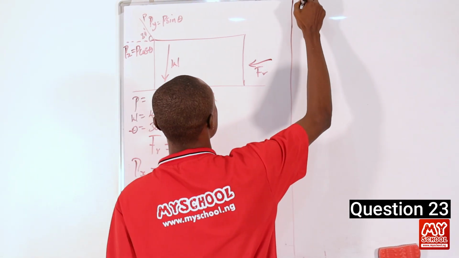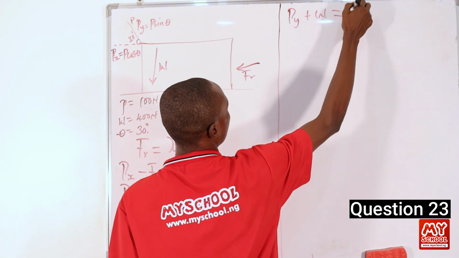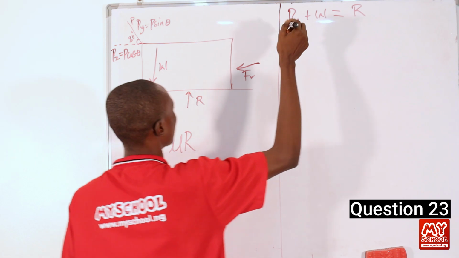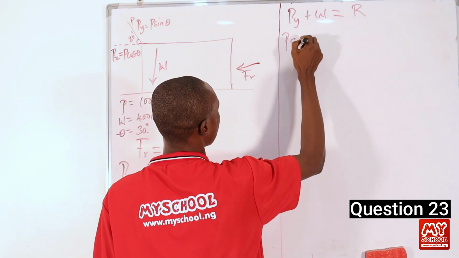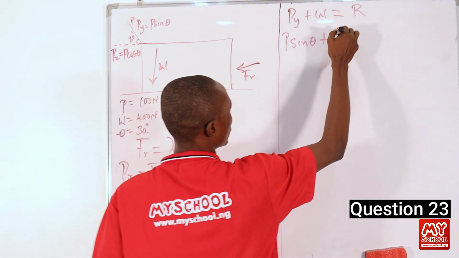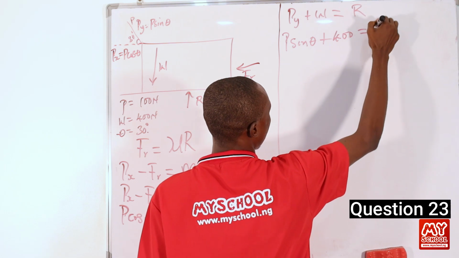So Py plus W should be equal to R, because they are acting opposite to each other. Our Py is P sine theta, plus the weight of the bus, which is 400 Newton, equals our R here.